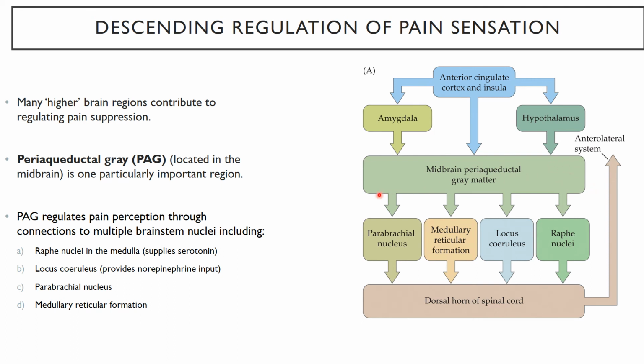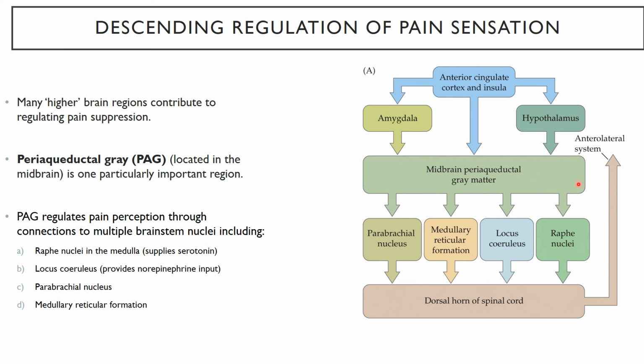Periaqueductal means around the aqueduct. The aqueduct is one part of the ventricular system, and so this is an area that surrounds the ventricular system in the midbrain. It's called the periaqueductal gray matter, or the PAG.